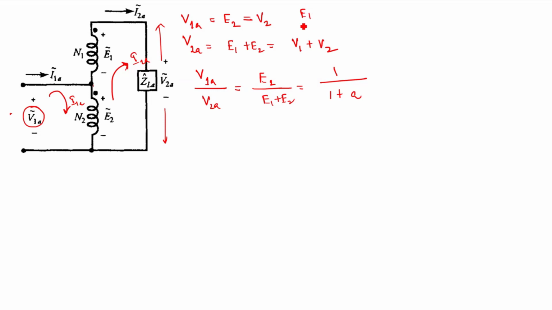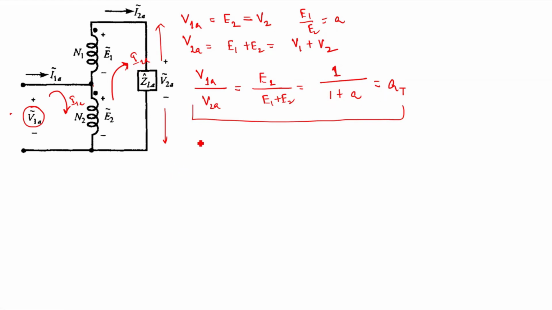So your E1 by E2 is nothing but equal to A, that is the transformation ratio of the two winding transformer. So that is equal to, I can write AT. Okay. So your transformation ratio now is changing for this structure as compared to the previous structure. Here the transformation ratio became 1 by 1 plus A.